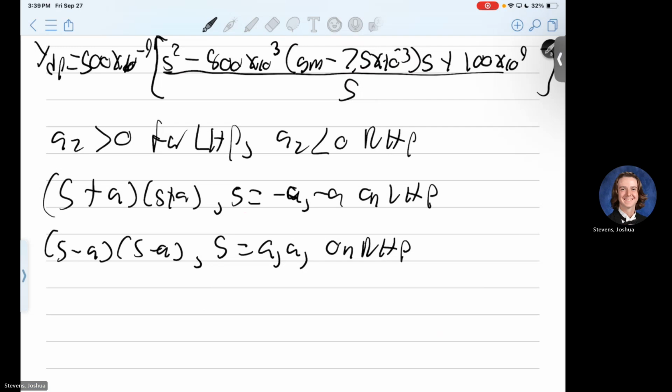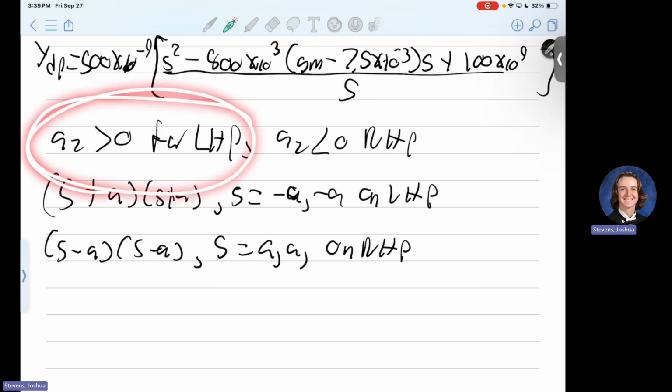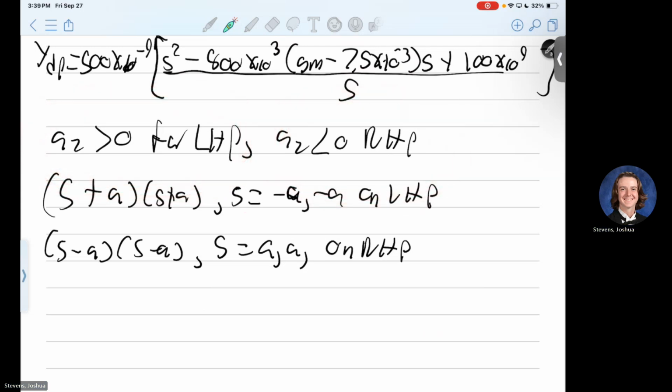So that's why for the left half plane we need A2 to be greater, and for the right half plane we need A2 to be less.